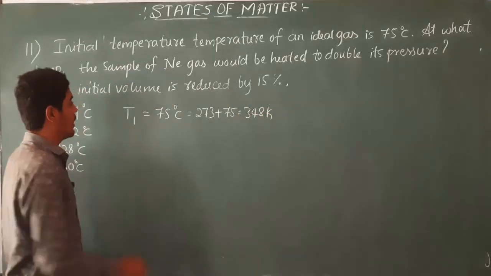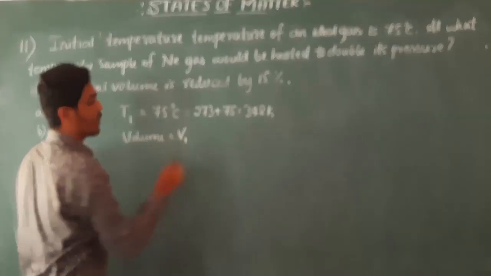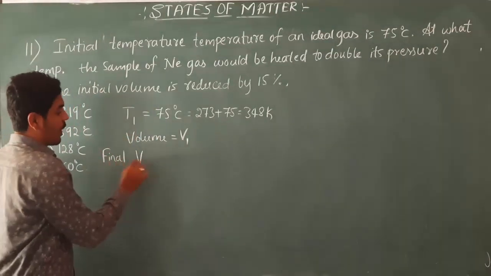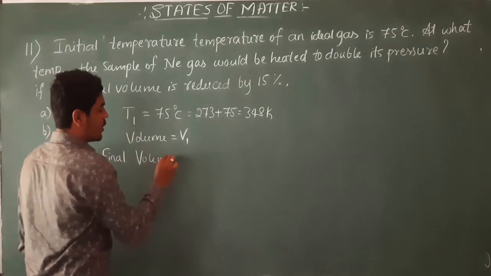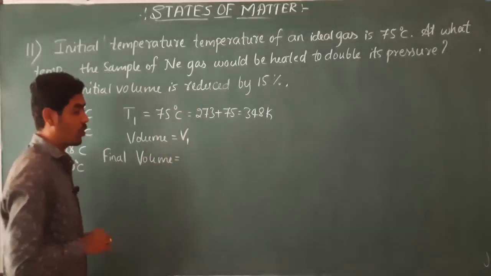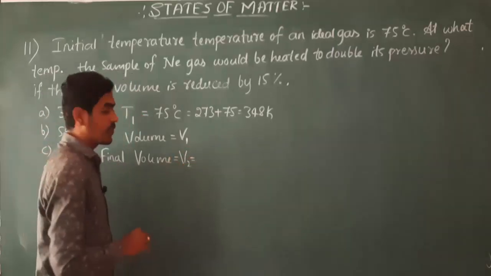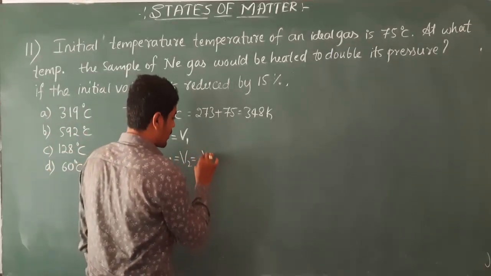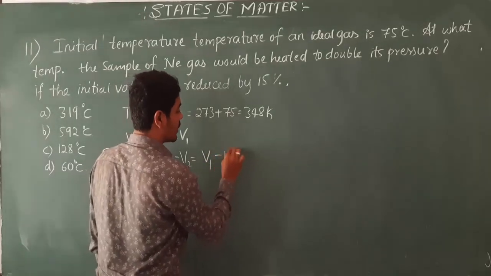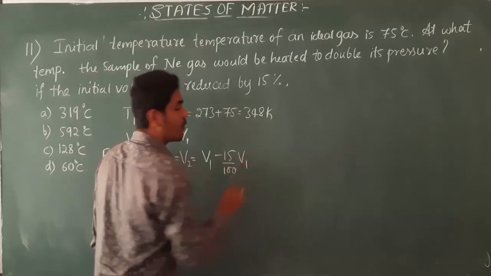Okay. Then let us consider the volume is V1, and after the temperature rises, the final volume is reduced to how much? 15% of the initial volume. So what is the value of V2, the final volume? It can be given as V1 minus 15%, that is 15 divided by 100 into V1.